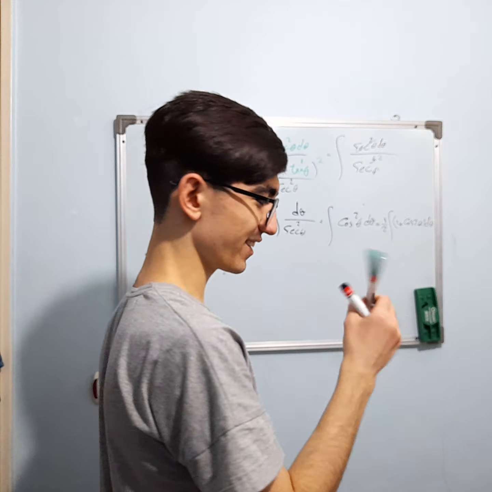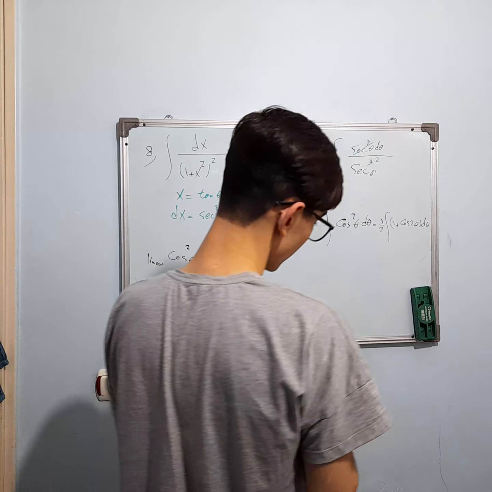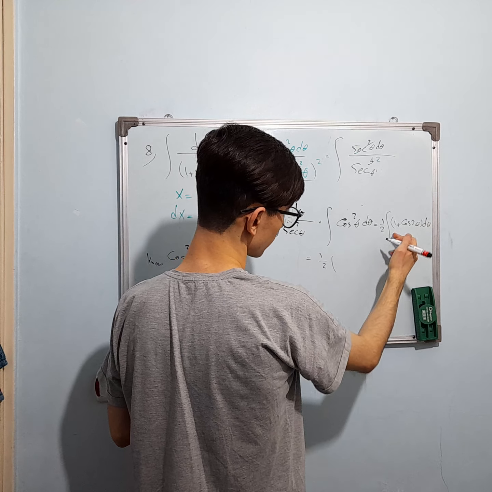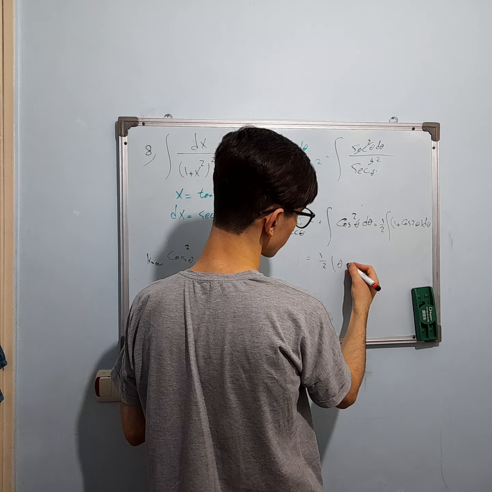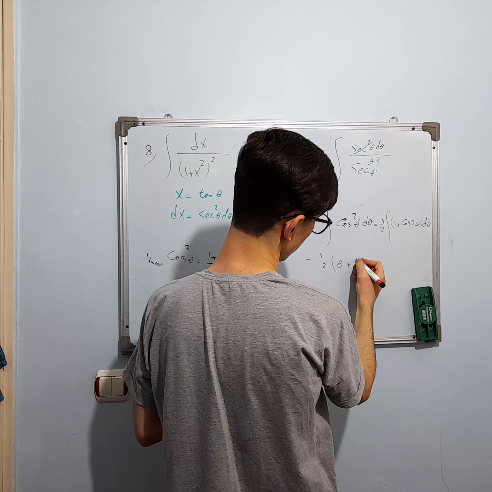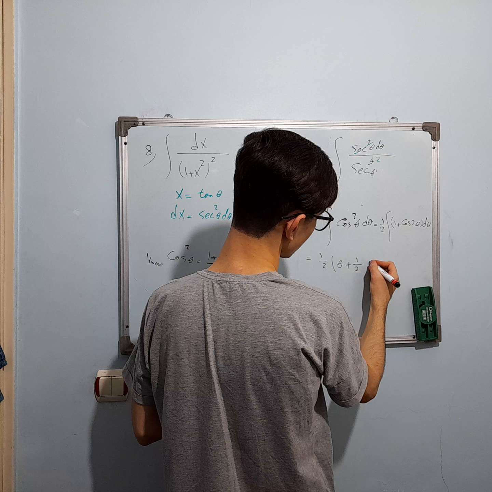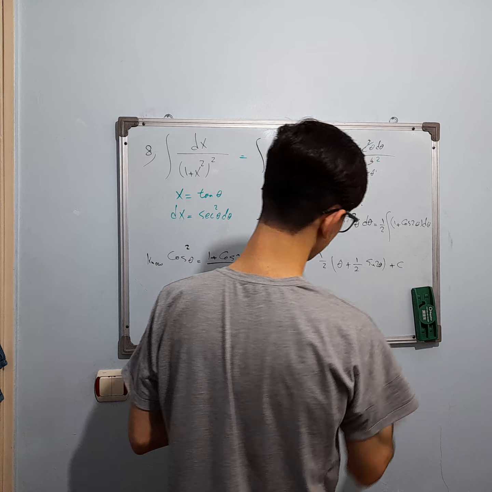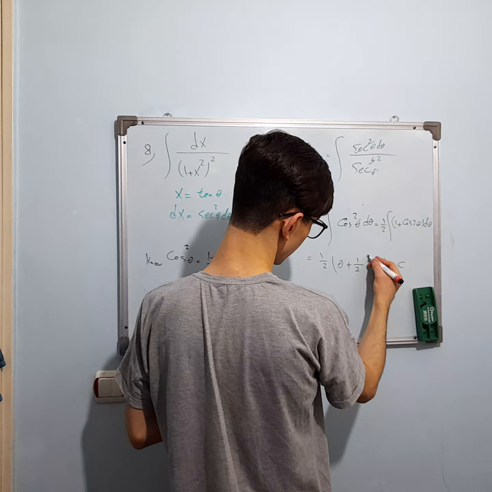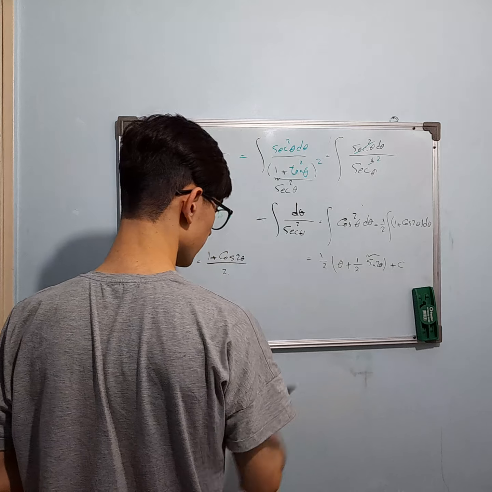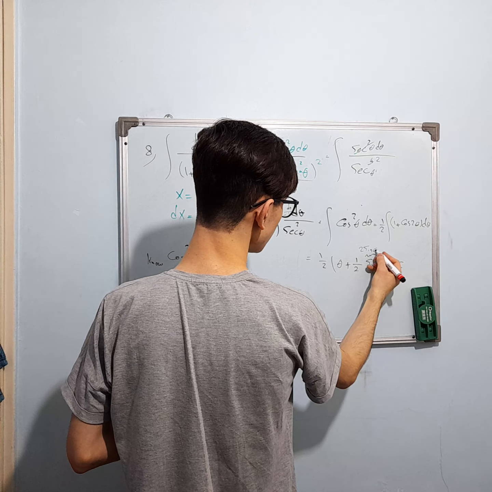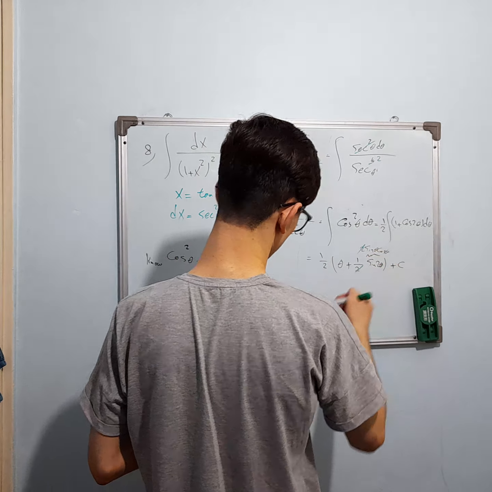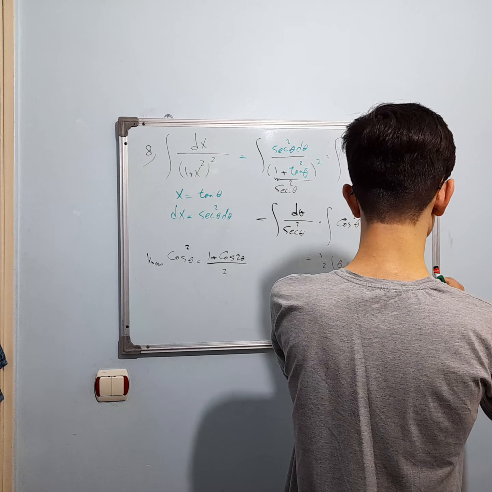Now 1/2 times theta plus 1/2 sine of 2 theta plus c. You can write in lieu of sine 2 theta, 2 sine theta cosine theta. This way the 2 and 2 will cancel each other out.